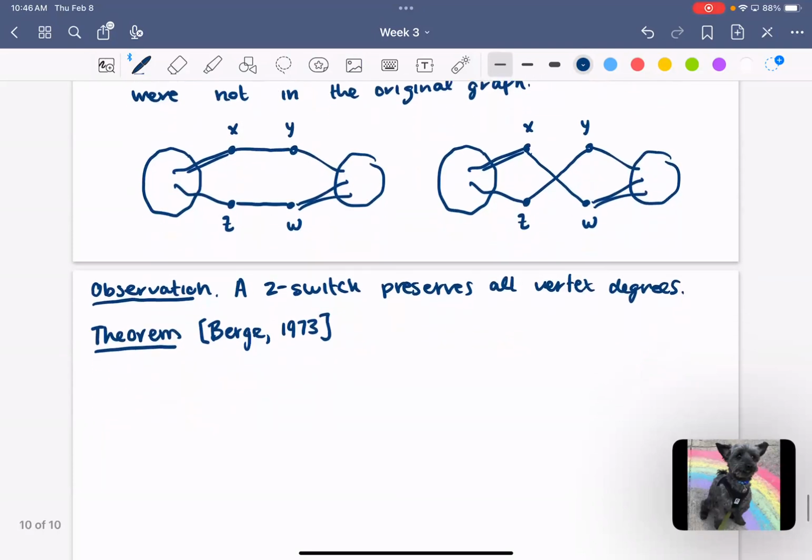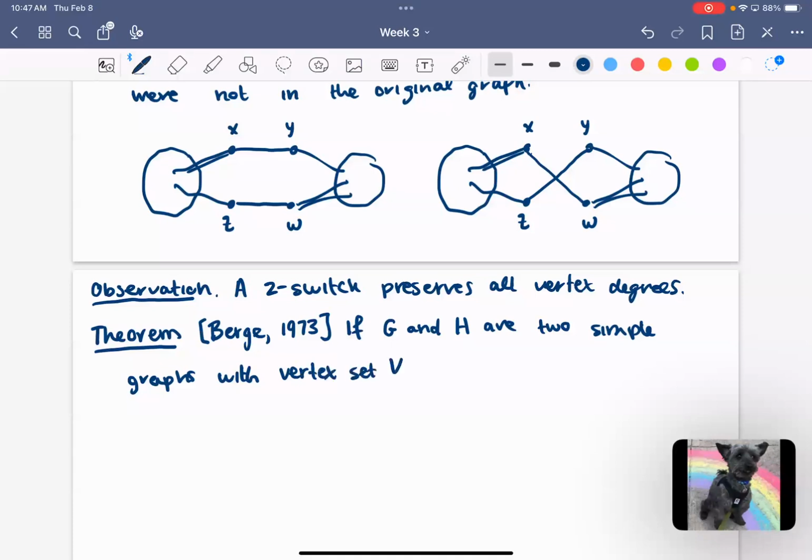And it says that if G and H are two simple graphs with vertex set V, so we're going to assume that they have the same vertex set, then we're going to have an if and only if statement.